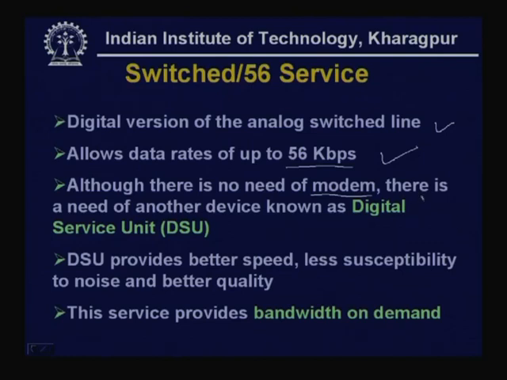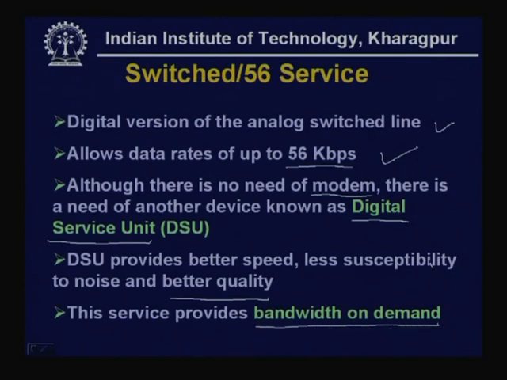However, there will be a need for another device known as digital service unit or DSU, and this DSU provides you better speed, less susceptibility to noise and better quality. And this particular service provides you bandwidth on demand.